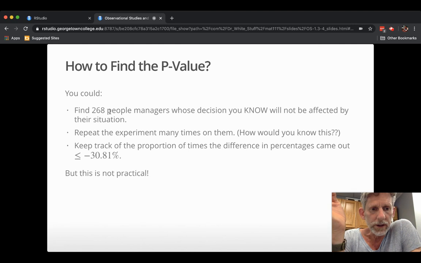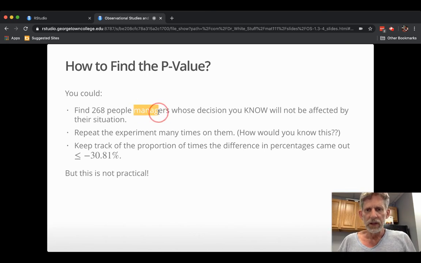You could repeat the experiment again and again physically. You could go and find 268 people whose decision is not going to be affected by which question they got asked.